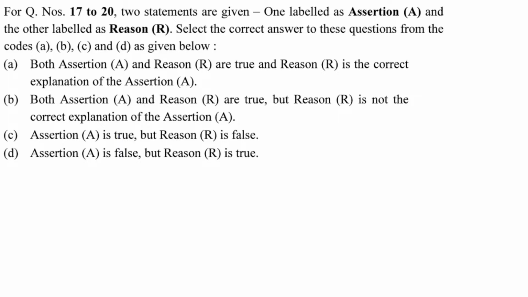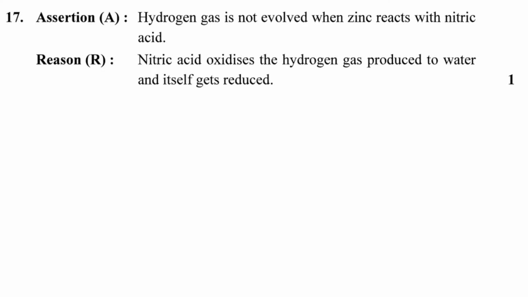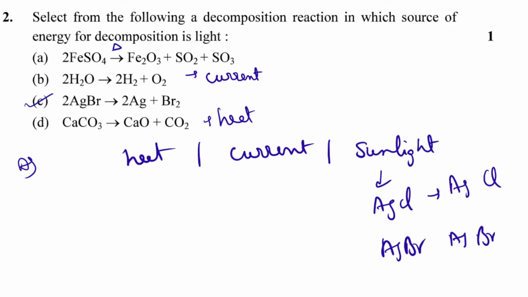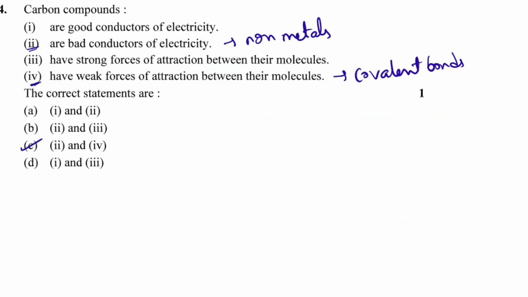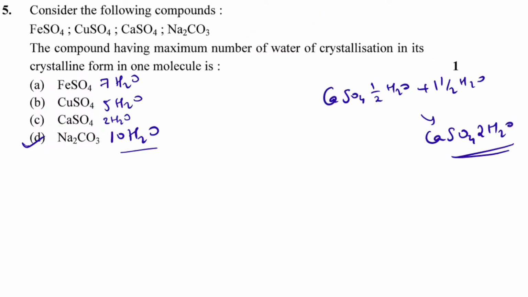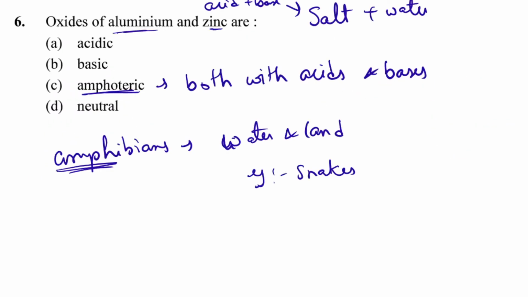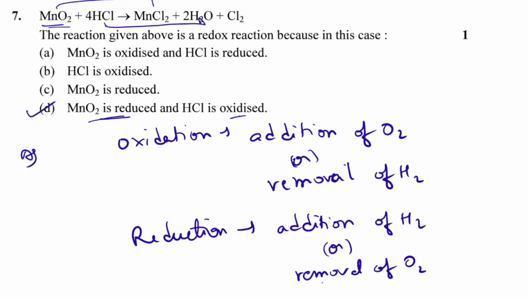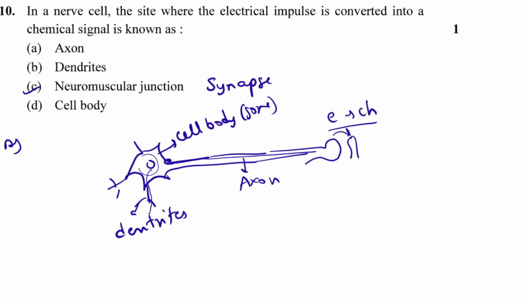17th question. Hydrogen gas is not evolved when zinc reacts with nitric acid. Yes, this is correct, because the same question we already covered in the MCQs. Okay, sorry, this is not covered.